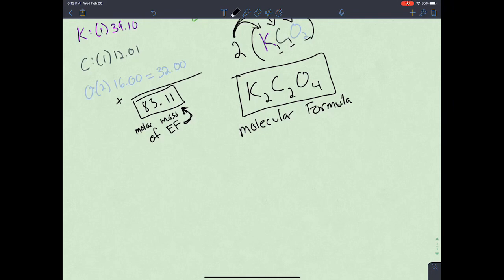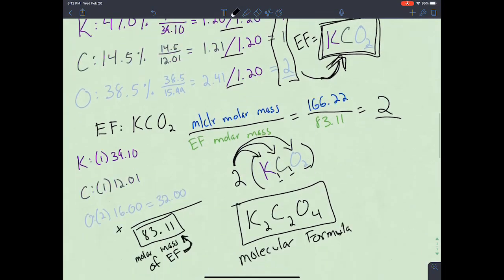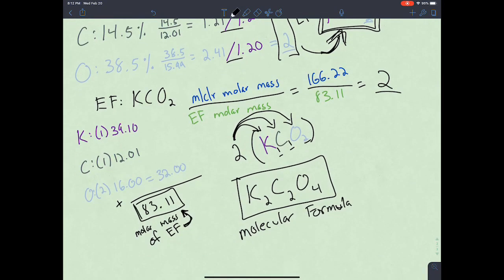So we started out to find the empirical formula, taking the percentages, divided by atomic mass. You get your value, divide each number by the smallest number, and then you get your subscripts, and you apply them and get your empirical formula. Then you come down here, you get the mass of the empirical formula.